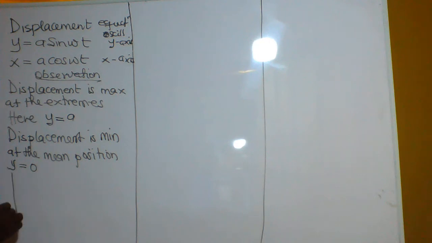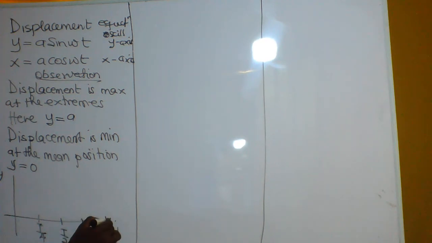When we plot a graph of the displacement at any time t, so t against the displacement, since a complete oscillation takes a time of capital T, which is the period, let's divide the period into a 4 cycle: quarter of the period, half of the period, 3/4 of the period, and then one complete cycle.